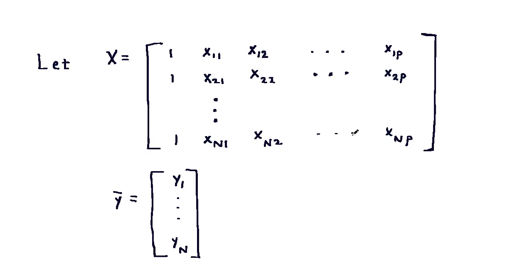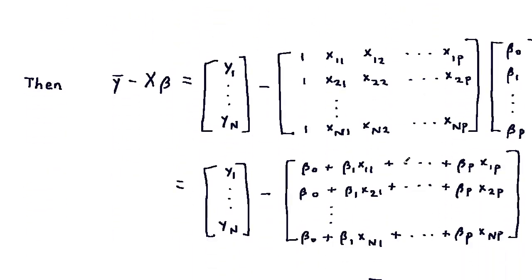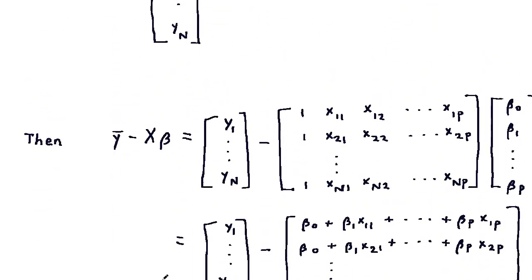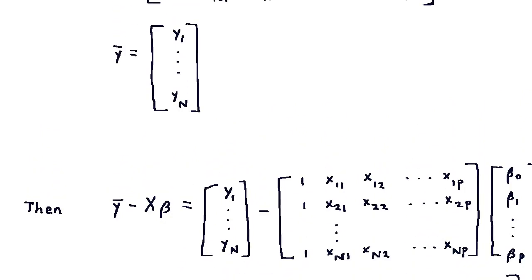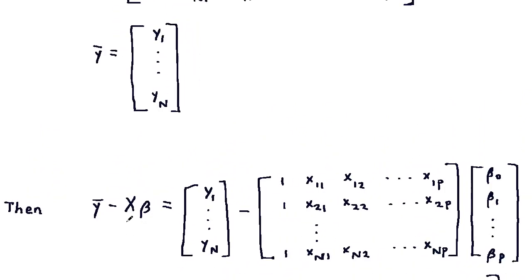And we let Y be the column vector of y1 through yn. Then y minus x beta is going to be equal to this minus x times the column vector of betas.